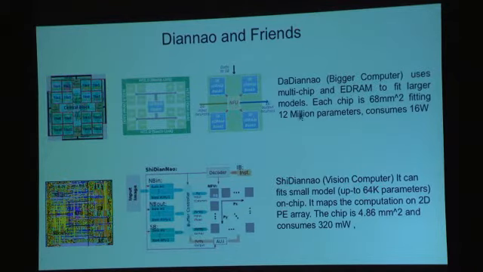And it basically can hold 12 million parameters and can consume 16 watts. And so if you have a model that fits in 12 million parameters, this is great, because now all the fetches are entirely on-chip. You're basically getting global on-chip references at sort of 50 picojoules per word, not having to do the 640 picojoules per word for going off-chip. And they also published in ISCA this year ShiDianNao, which means vision electric brain, which is really sort of specialized to the convolutional layers.